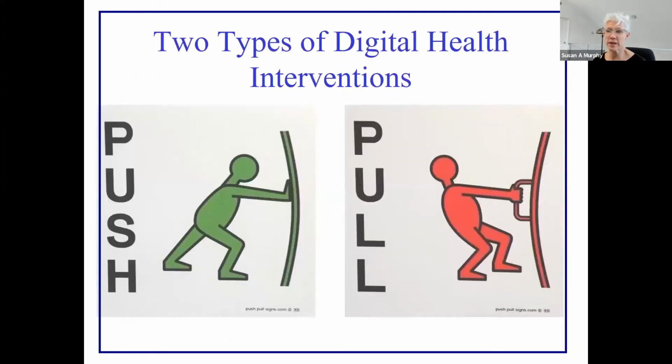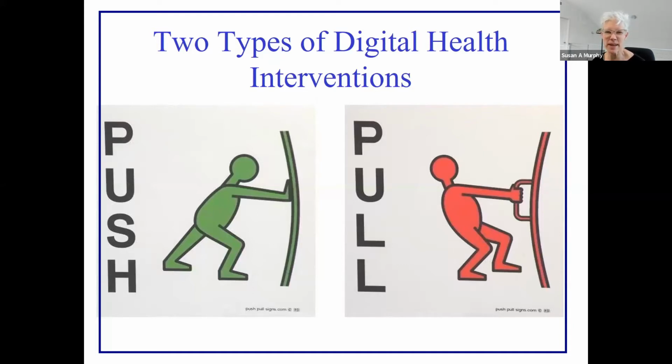So there's two types of interventions that you usually see that are available in digital health. And one is a pull. And this is the kind of thing, if you've ever downloaded an app, you'll see these. There's all kinds of content on the phone, and you go to the phone and you see content there.